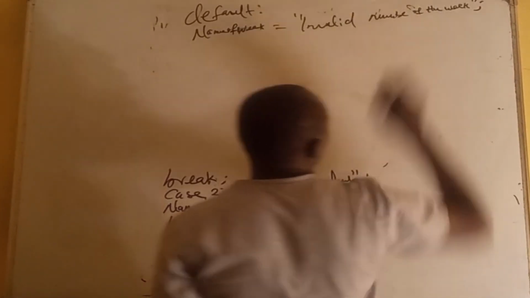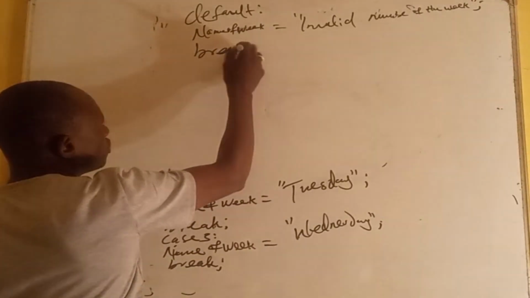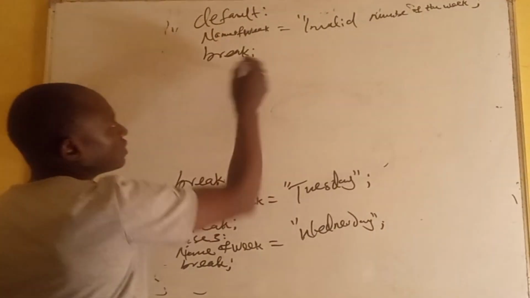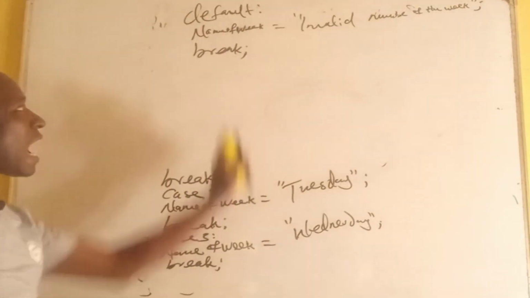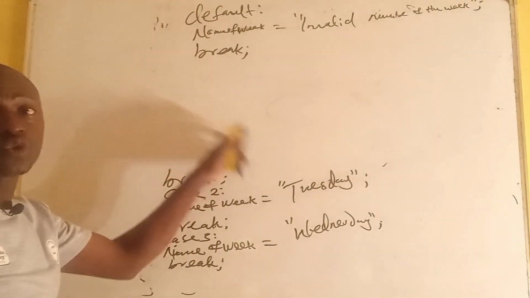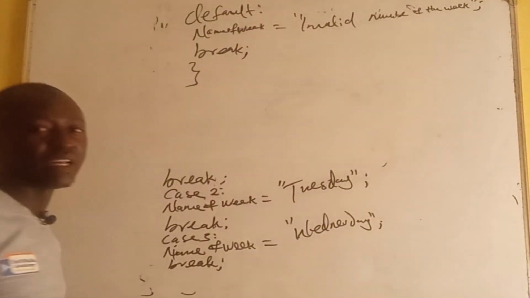You end this. So you now break this also, to end that statement with this semicolon. You remember at the beginning of this switch case, you open a curly brace. So now you close that curly brace.